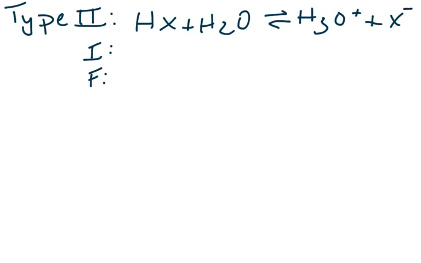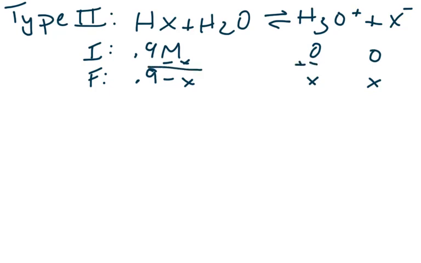So when we start off, we have a concentration of 0.9 of our acid, and then these are zeros. Now we're not given any information other than what Ka is, so we have to use X, just like we did in Unit 2. So this is X and this is X, and this is going to be 0.9 minus X, because we're minusing X to get that. And we added X here.